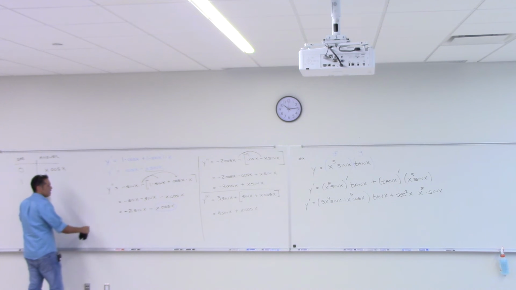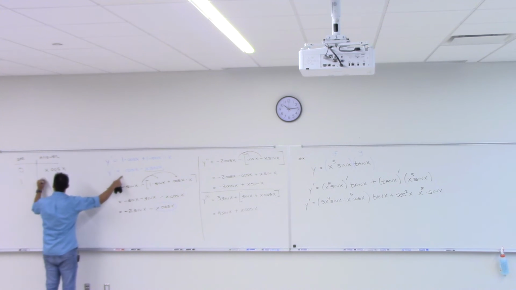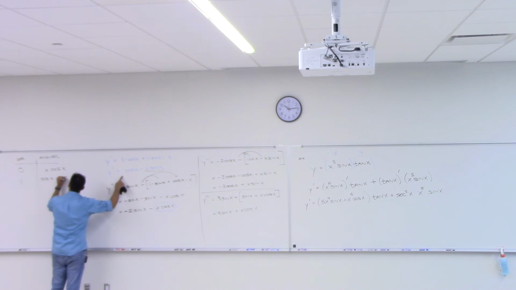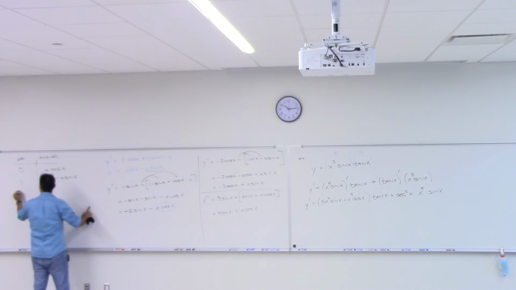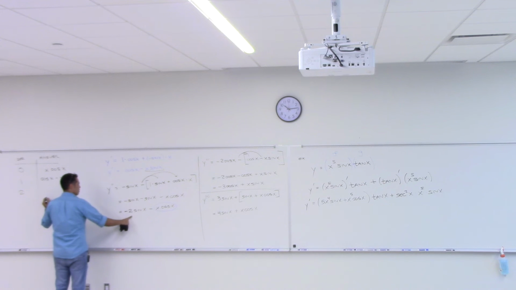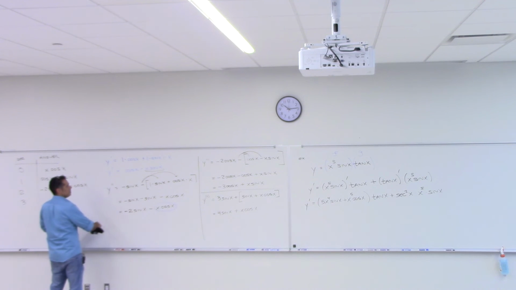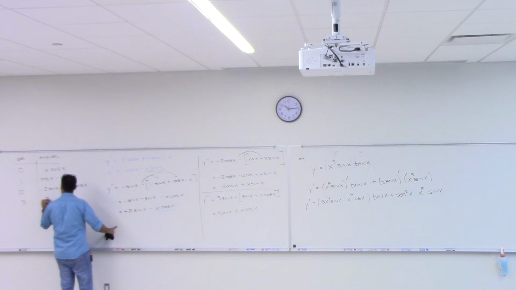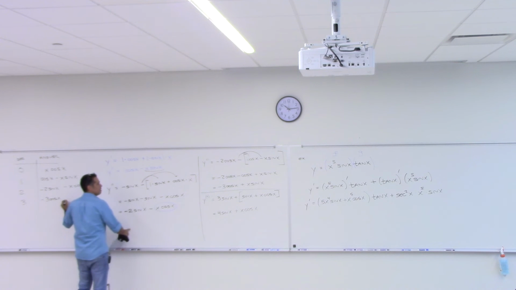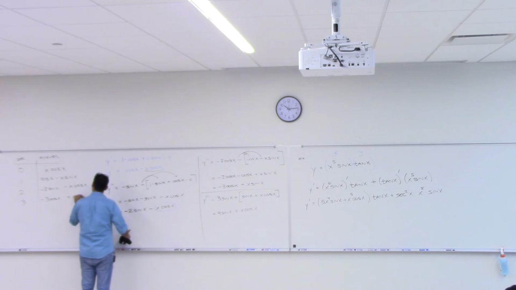The first derivative was cosine x minus x sine x. The second derivative was -2 sine x minus x cosine x. The third derivative was -3 cosine x plus x sine x.